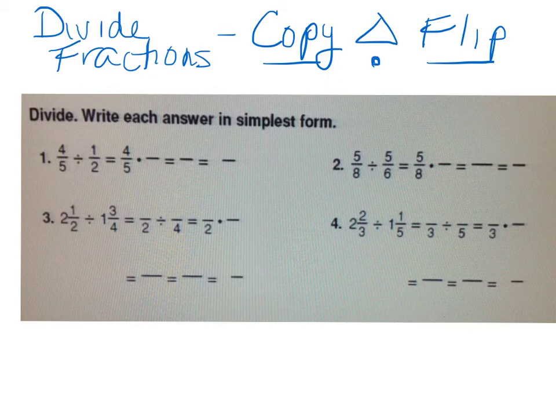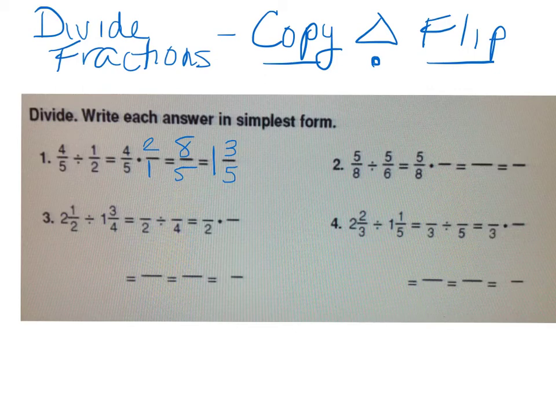Okay, so in this first example, 4/5 divided by 1/2, we're going to copy the 4/5, change to multiplication, and take the reciprocal of the second number, so flip, we get 2/1. And then 4 times 2 is 8, 5 times 1 is 5, so we have 8/5. But then we're going to rewrite that into a mixed number, which is 1 3/5.